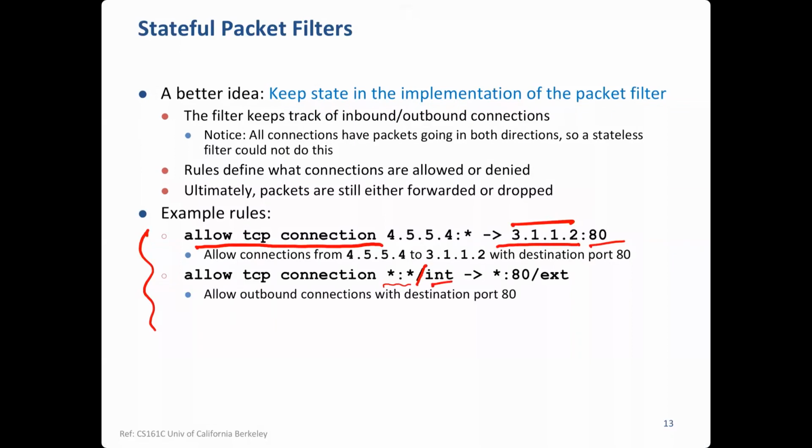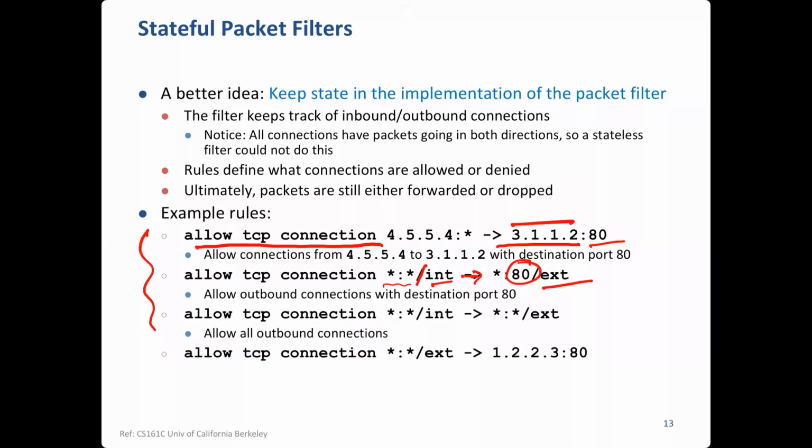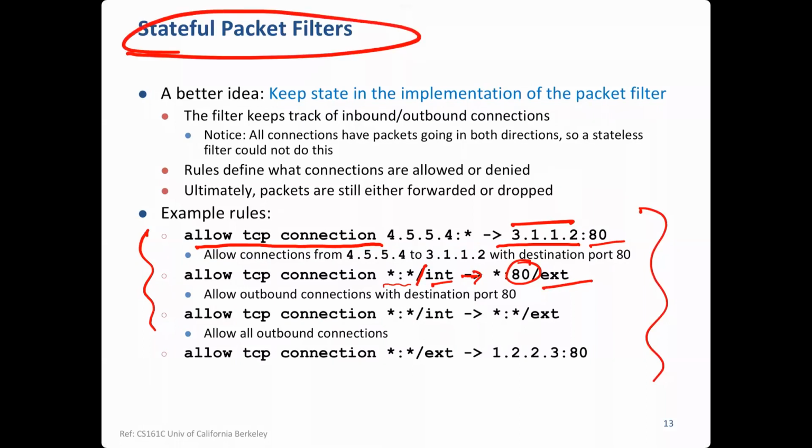Traffic from that will be allowed to any external machine that is going to port 80, the HTTP port. So we can form this kind of rules, and that comes in stateful packet filters.